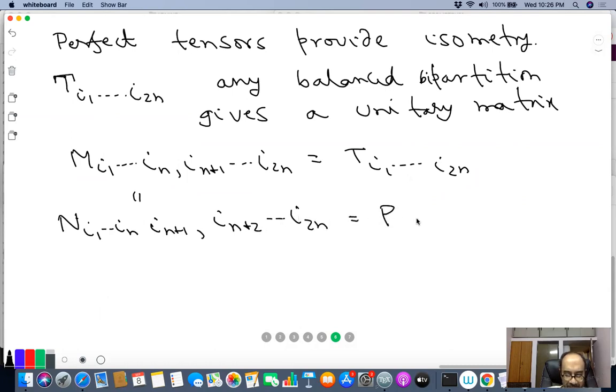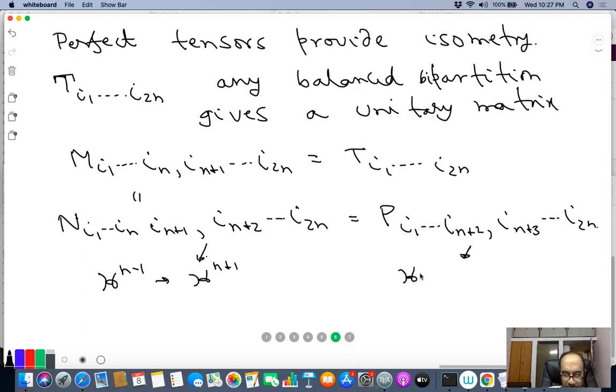Or we can write this as P I1 to In plus 2 and then In plus 3 to I2n. Okay. So this, for example, generates an isometry from H to the n minus 1 to H to the n plus 1. Right? This generates an isometry from H to the n minus 2 to H to the n plus 2 and so on.